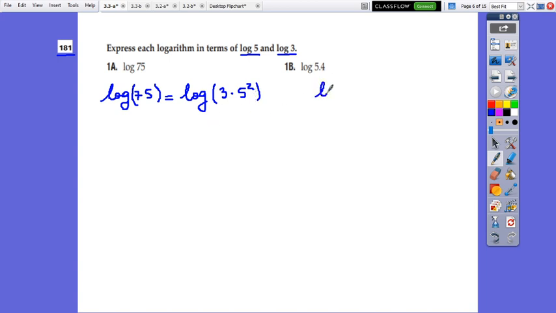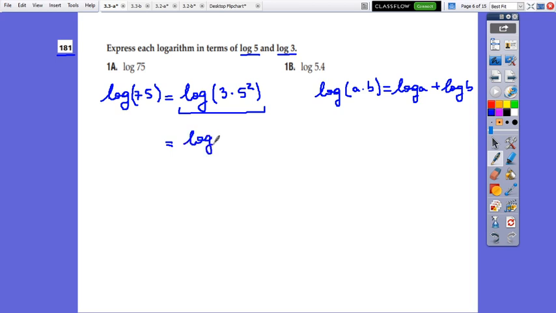So here we'll apply the product property, in which log of a times b equals log a plus log b. It is given in the condensed form, and we will expand it, and it equals log 3 plus log 5 squared. The exponent always goes outside the log, so it will be equals log 3 plus 2 log 5.